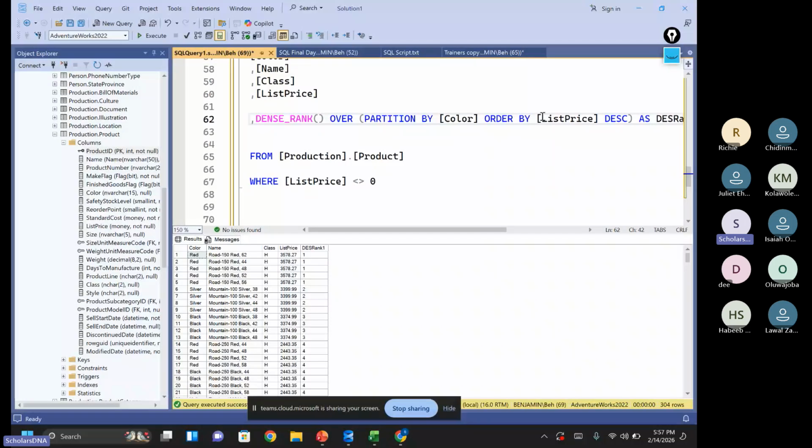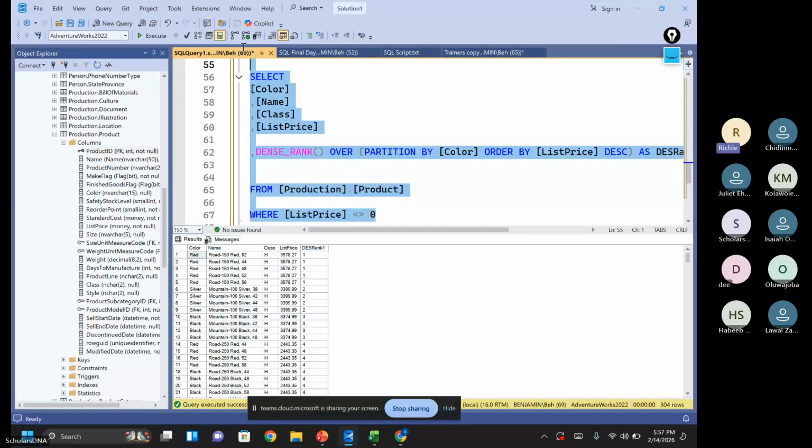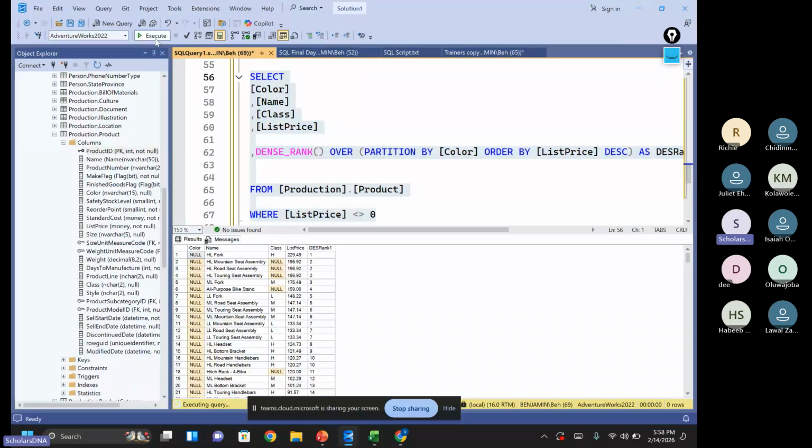You can see the way it looks like now. It doesn't care about the color. But now I've told it to please dense rank over, partition by color first and order by. I just added partition by. If I query this, look at it carefully. There are colors that are called null.